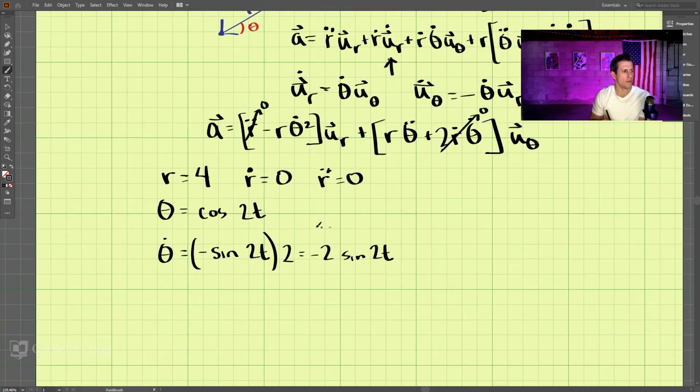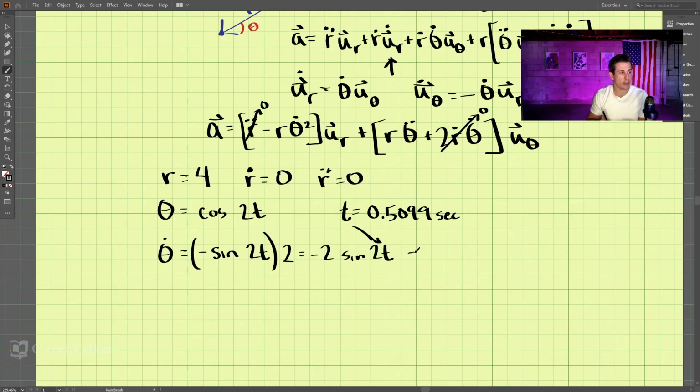So if we make sure our calculator's in radians, we put pi over 6 in for theta and solve for t, we come out, t is 0.5099 seconds. So when t equals 0.5099 seconds, theta is 30 degrees.